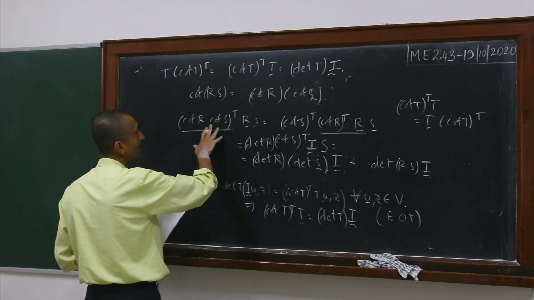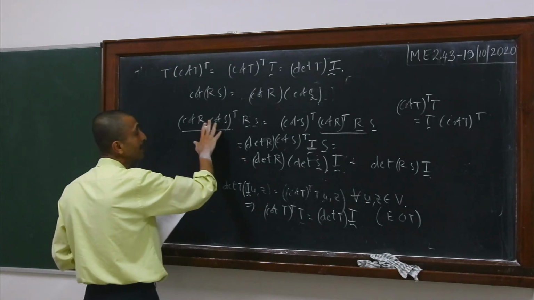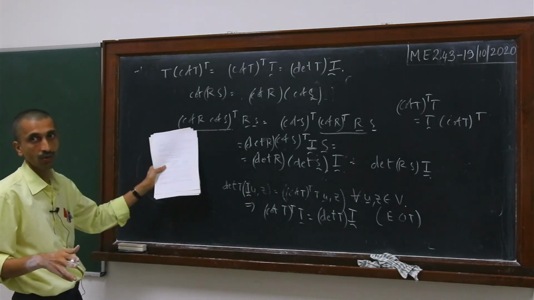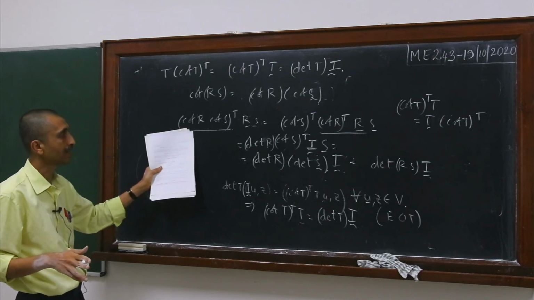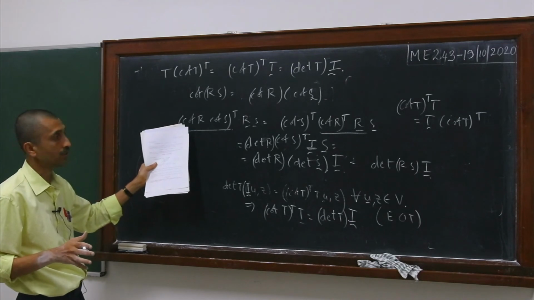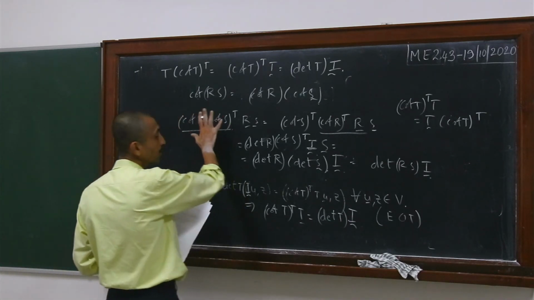So this object qualifies as the cofactor of RS, and we use the uniqueness also. Since the cofactor is a unique object, we can say that this is the only cofactor.